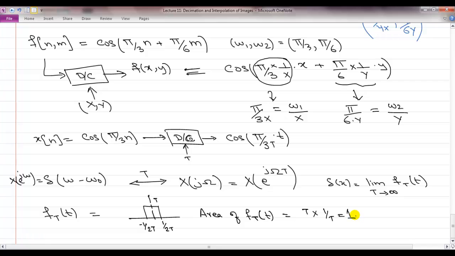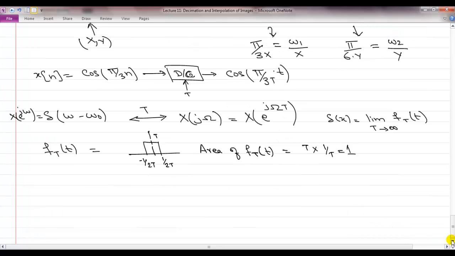That's the mathematical definition of an impulse. The key characteristic is that the area under the curve has to be equal to 1.